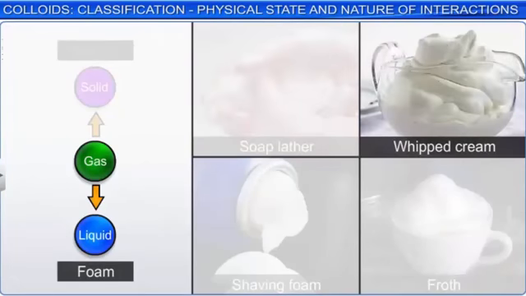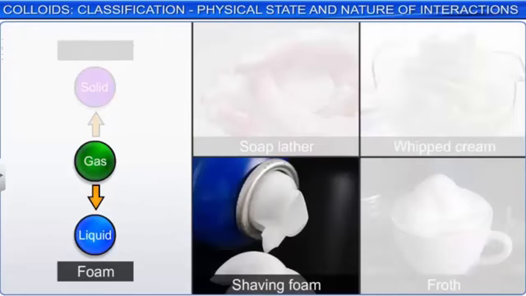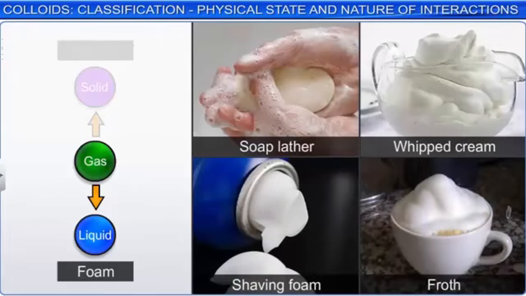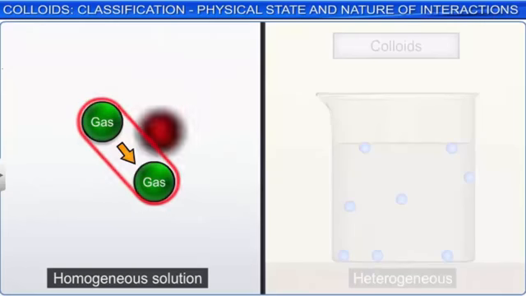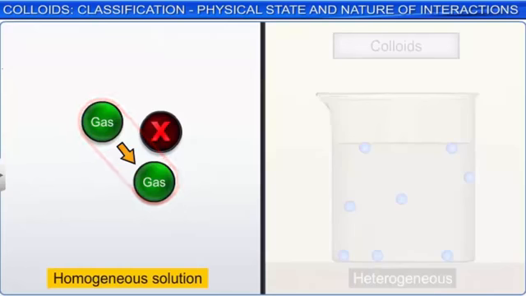It is important to note that a colloidal system of a gas in another gas is not possible because gases always form a homogeneous solution. Since colloidal systems are heterogeneous, they cannot be obtained by dispersing a gas into another.